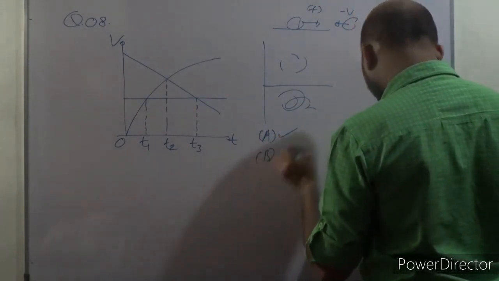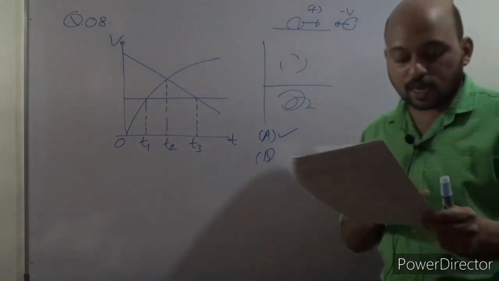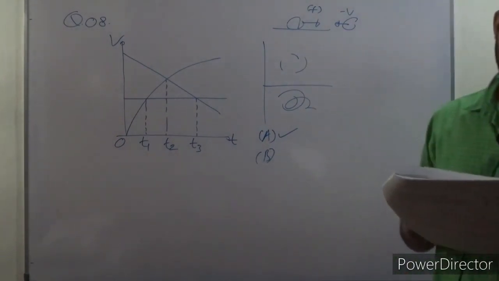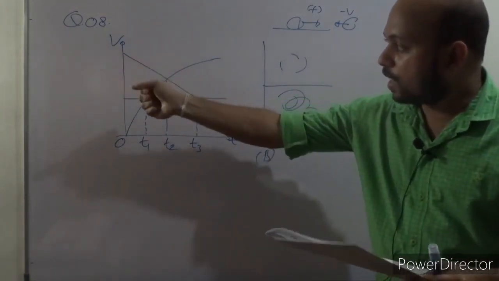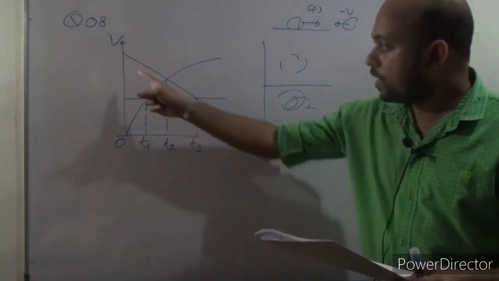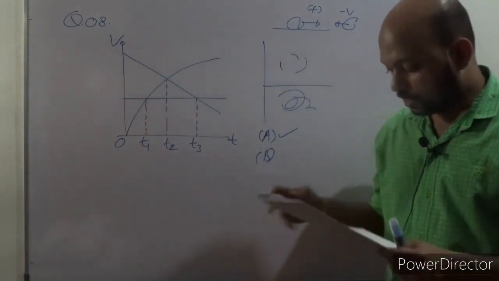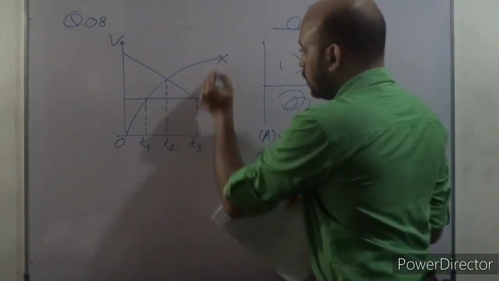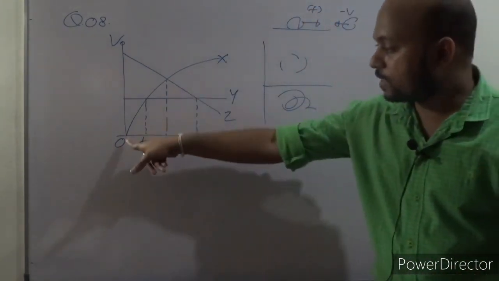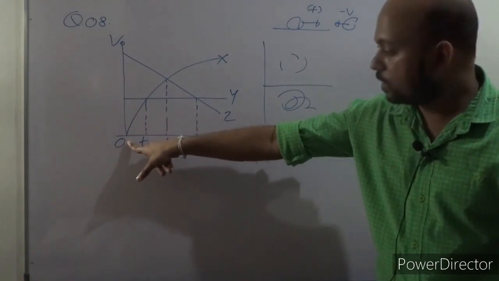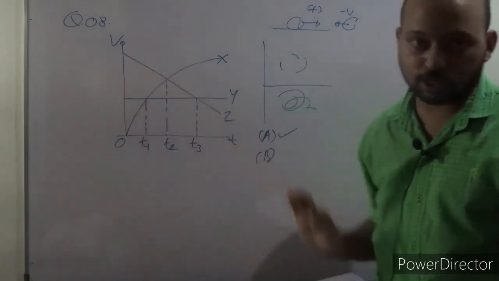Then B, in the beginning they start from the same place. We can get some data using the velocity time graph, such as initial velocities. Here it is x, y, z. We can see x starts with 0 velocity, and y and z have certain velocities.